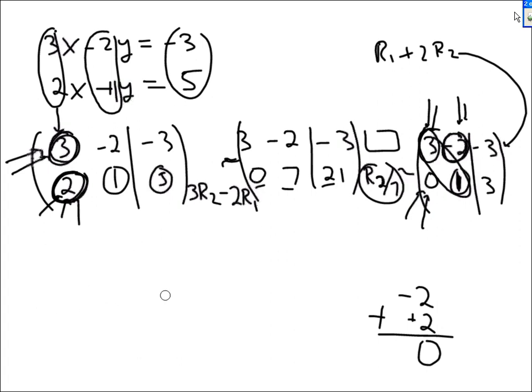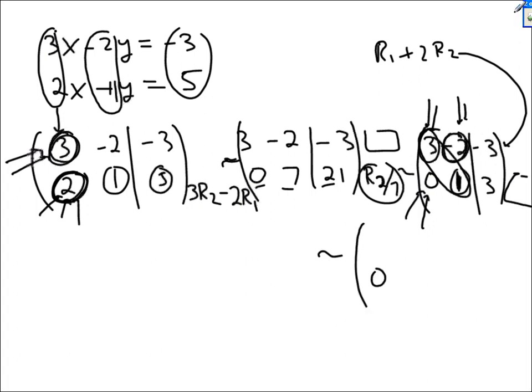If the numbers are exactly the same, you subtract to get 0. If they're the same but the signs are different, then you add. Okay, so I don't see anything by row 2. So row 2 is not changing. But row 1 is.